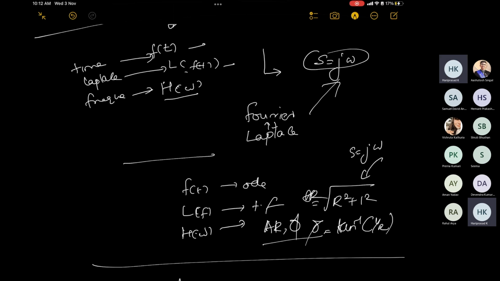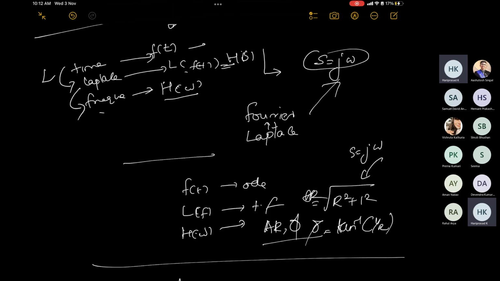Let's assume L of f of t is some transfer function H of s, where s is the complex Laplace variable. You move from the time domain to the Laplace domain with the Laplace transform, and from Laplace to the frequency domain by just setting s equal to j omega.